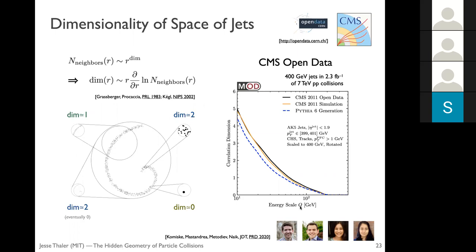If I look at jets whose energy mover's distance is 100 GeV, let's say, and I take the logarithmic derivative of the number of jets that I see that have that separation, so basically I look at 100 GeV, 101 GeV, and compare how many neighbors each jet has, that gives me an estimate of the dimensionality. So Q is the energy mover's distance. And apologies that I don't have the formula on the slide, but it's basically this exact same formula here, just replacing R with Q, and Q being the literal energy mover's distance I introduced before.